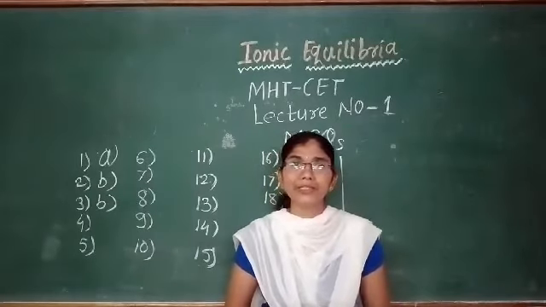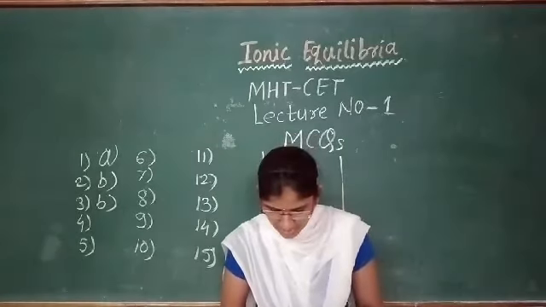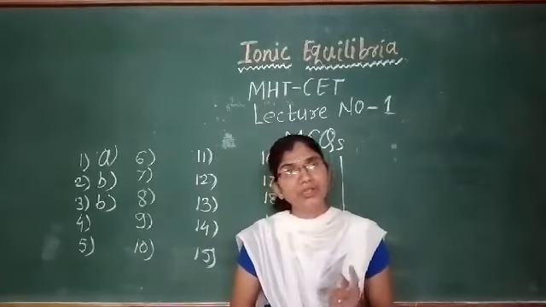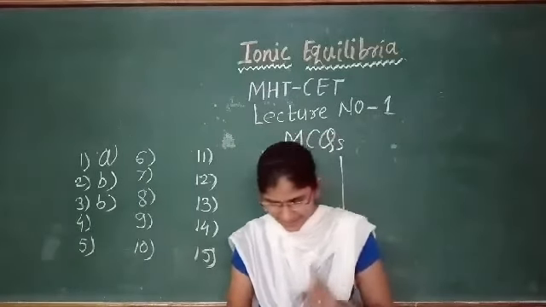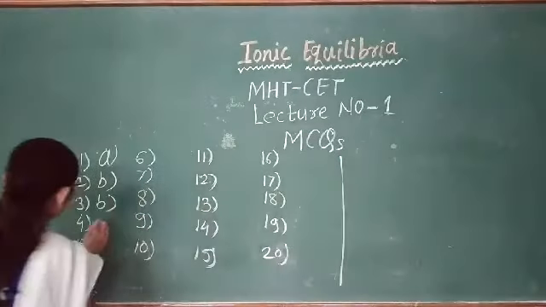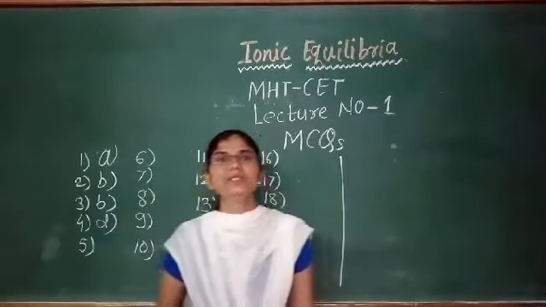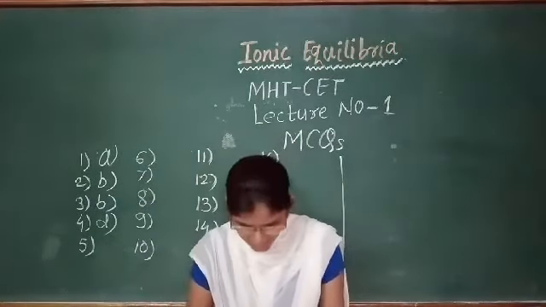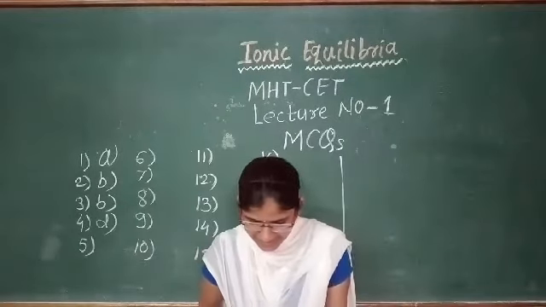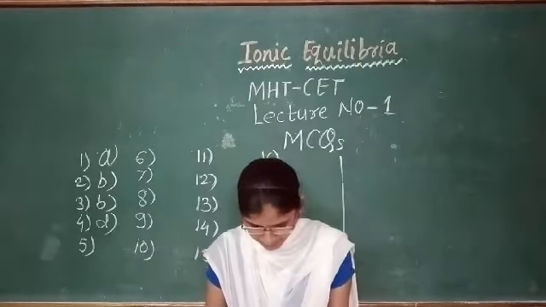No, this is according to the Lowry and Bronsted concept. Proton acceptor? No. Electron pair donor is called a base and electron pair acceptor is called an acid according to the Lewis concept. So, the correct option is option D.